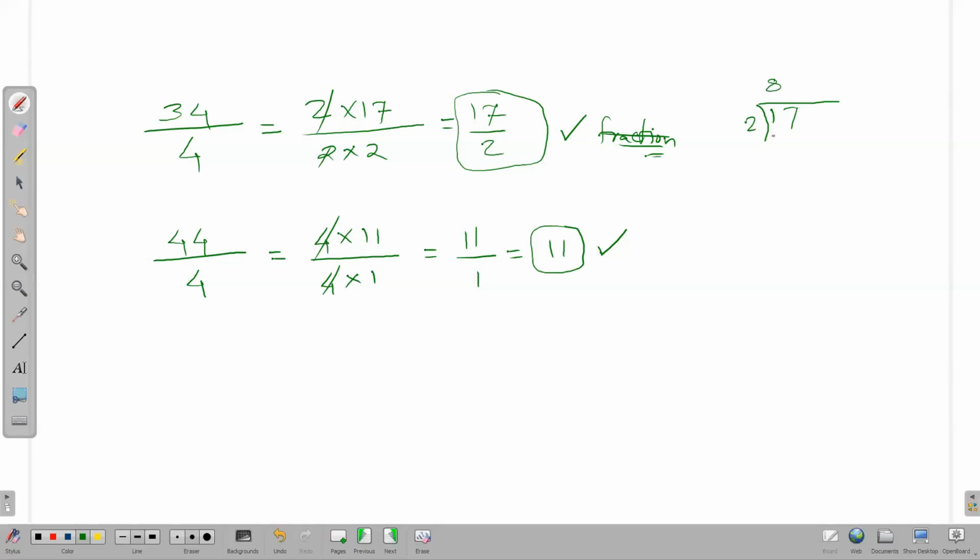So what should I write here? 16. Then what is coming? 1. So the remainder is 1. Here there is a remainder coming. Here also there is a remainder, 0, right? So now we are writing some other number.